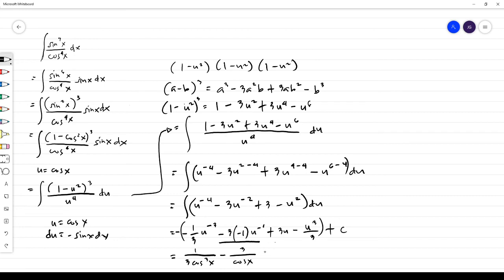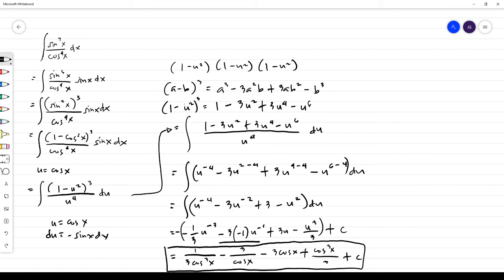And for the third term, we have negative 3, and that is cos x. Then for the final answer, we have positive cos cube x over 3, then plus c. So this is our final answer.